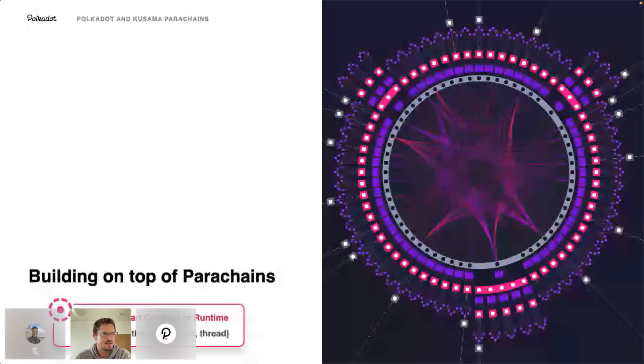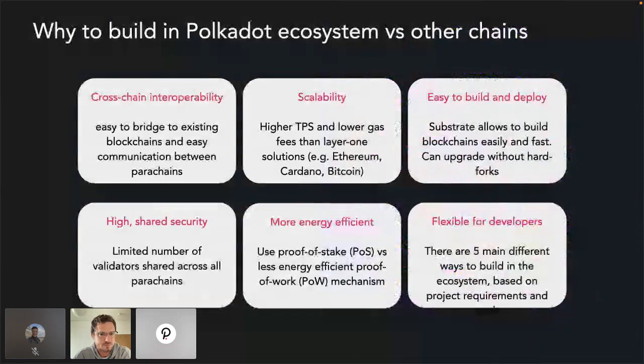All right, then let's hop to the next slide. The question: why you should build in the Polkadot ecosystem versus other chains. I mean, the overall structure is that the concept of what Polkadot is enabling right now is not really available in any other chain, in any other concept right now.